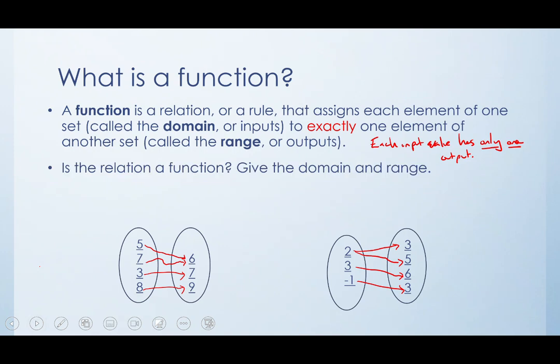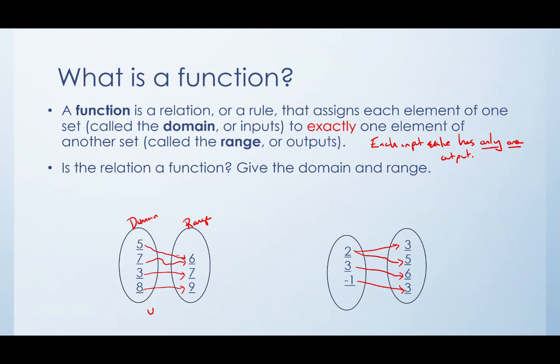So we have two relations shown here, and it's kind of implied which one's the domain and which one's the range. So our set here, the arrows say if I input 5, I get out 6. So this set here is our domain, this one is our range, and we're getting that because of the way the arrows are. So does this one represent a function?